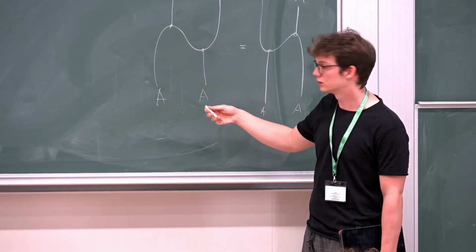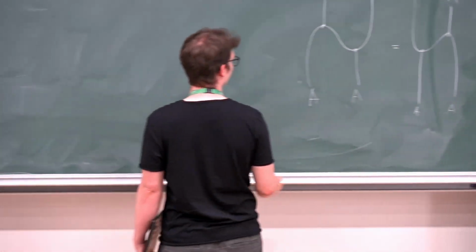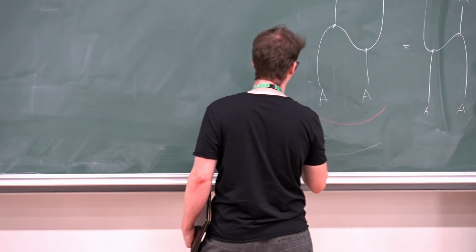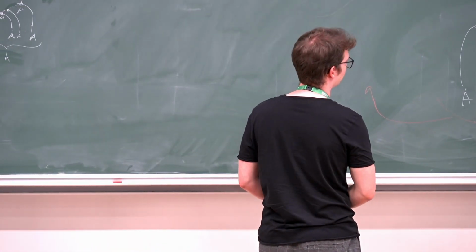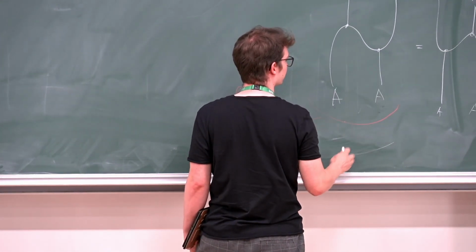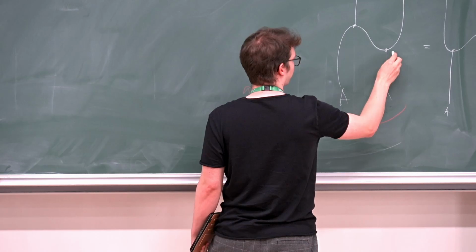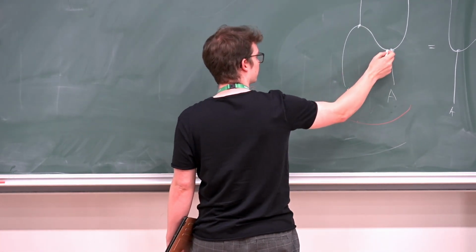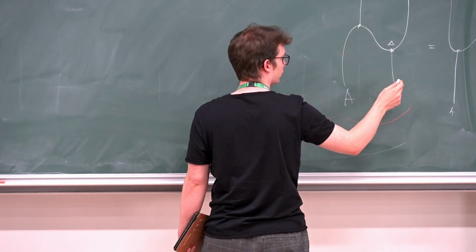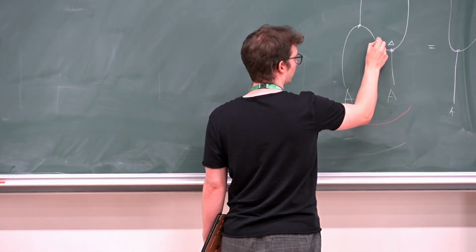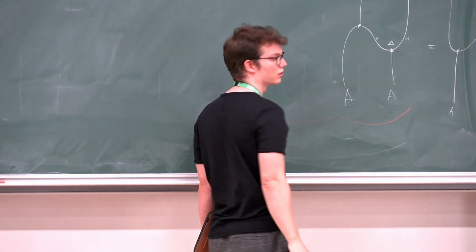If we want to write it down algebraically, this thing is just bottom to top, right to left. So we go until we hit something. This is a morphism. What is this? This is the co-multiplication. Because we go from A to A tensor A.